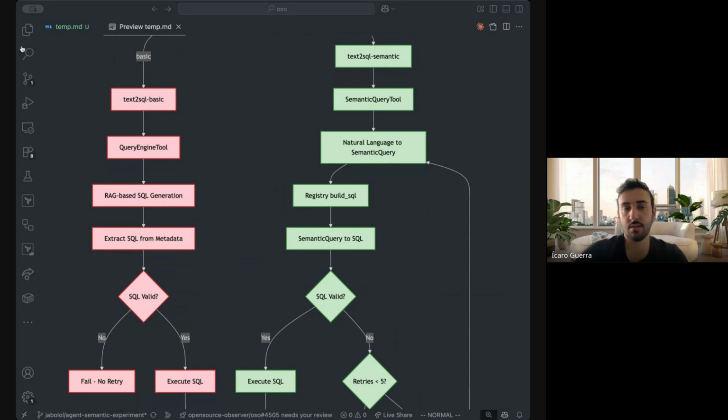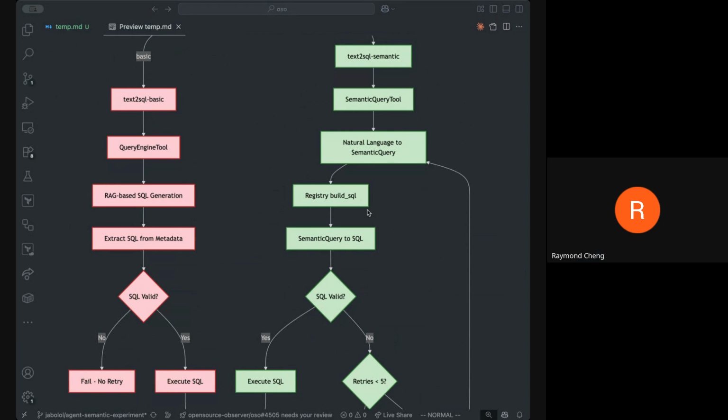I think the only way is the way you did. It's not an official way of translating JSON to semantic, if that's what you're asking. Yeah, an official documentation page on how to use JSON with our semantic layer on PyOSO.